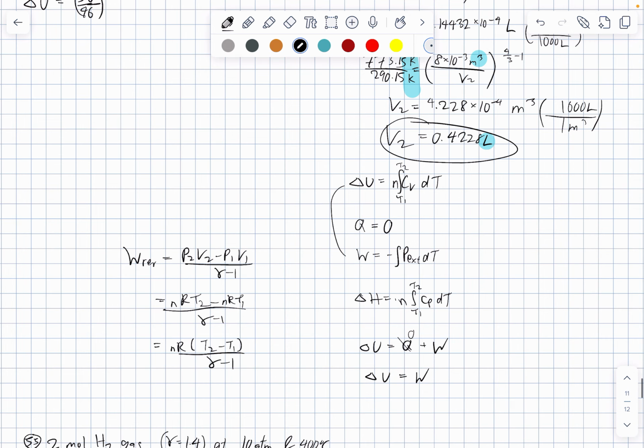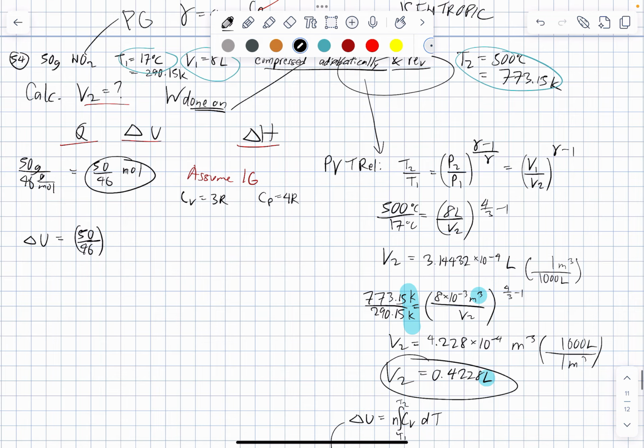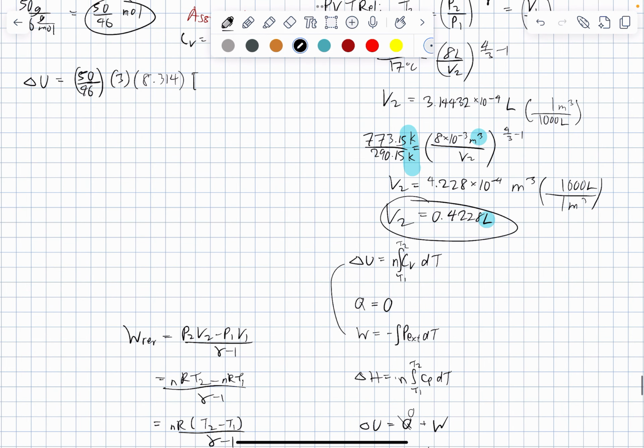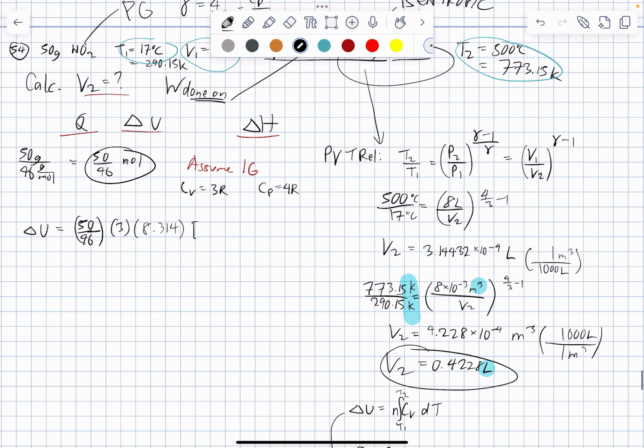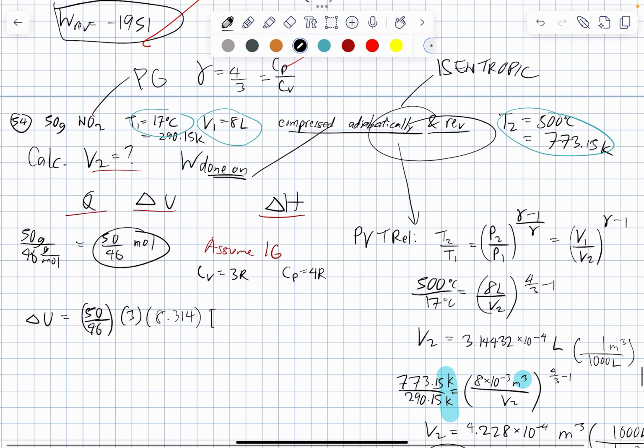So from there, what's the formula again? Cv. Cv, 3 times R, 8.314, no? Let's stick with joules. And then delta T, T2 minus T1. Temperature 2 and 1 are given.